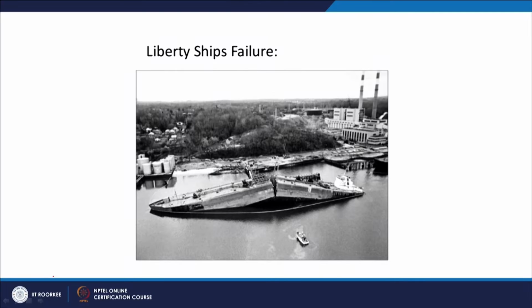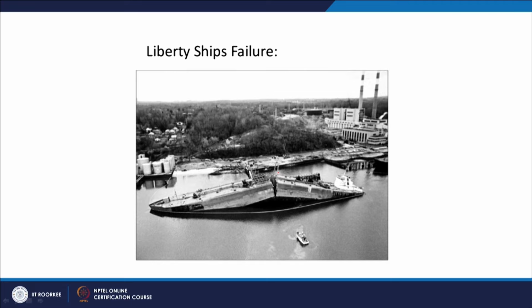This is one of some very famous photographs to bring out the importance of understanding fracture, and actually the importance of materials also. These are some ships which were made in World War II. These were called Liberty ships, and most of these ships failed like this. You can see the ship has fractured completely into two parts.